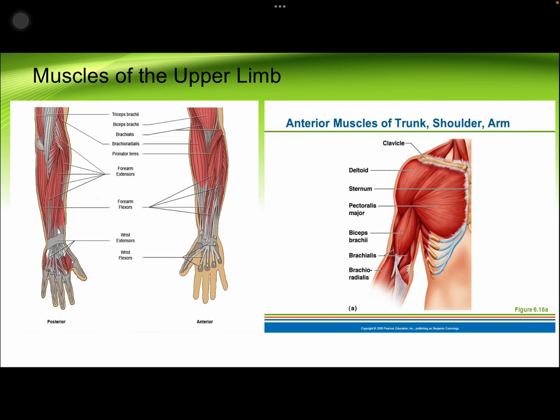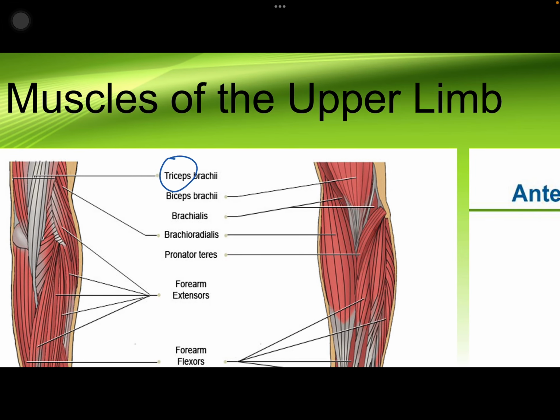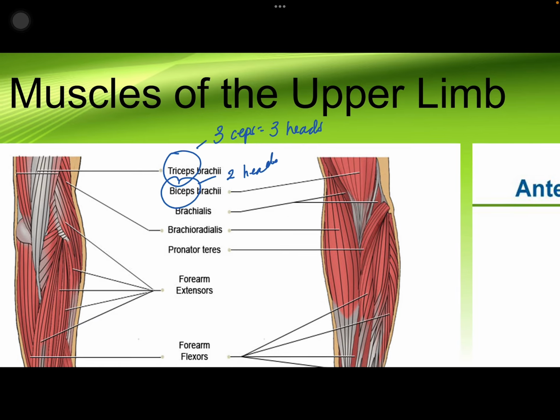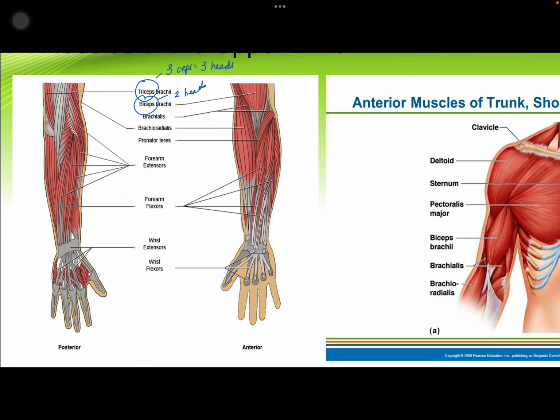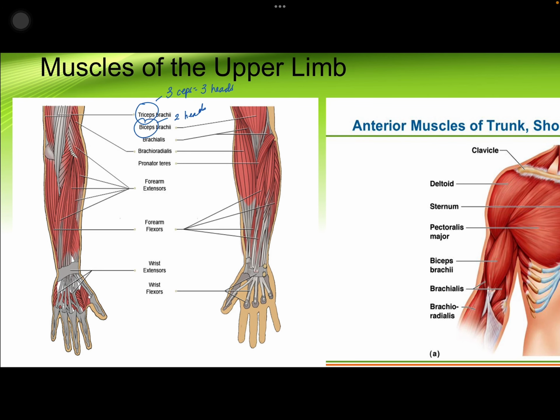Then we have the muscles of the upper limbs, your triceps brachii. It's triceps because it has 3 heads. Then your biceps, of course, has 2 heads. Your biceps brachii is found on the ventral surface, while the triceps is found on the dorsal surface.